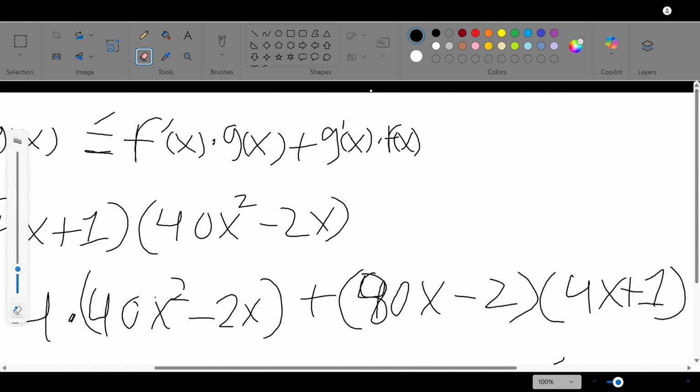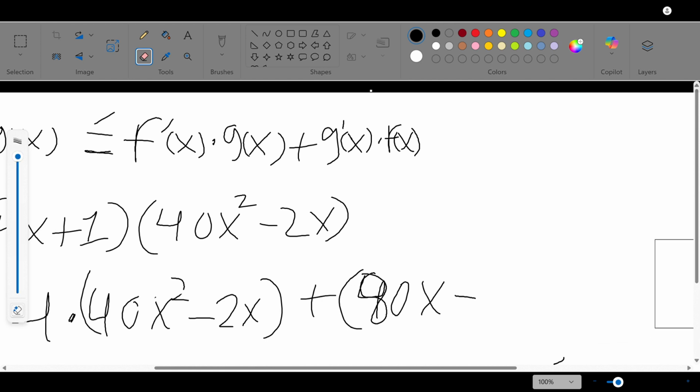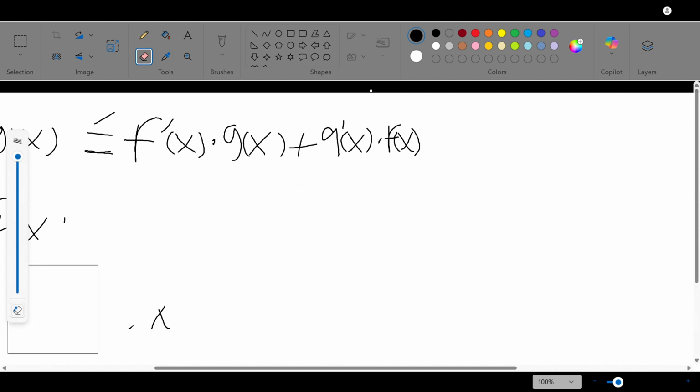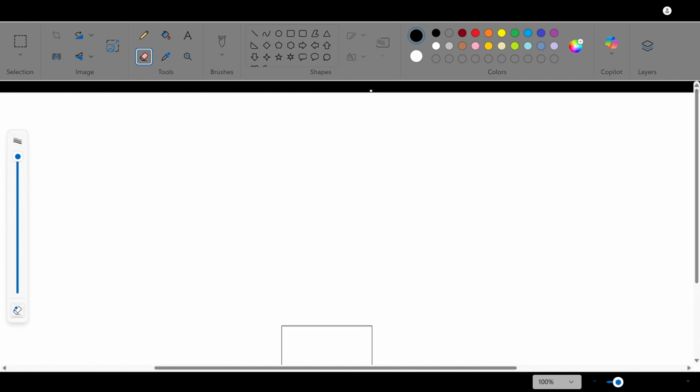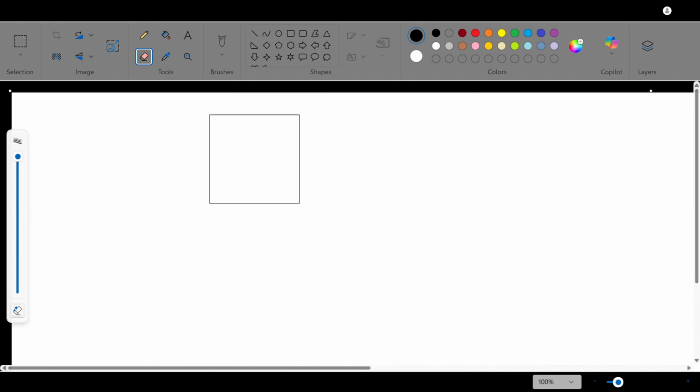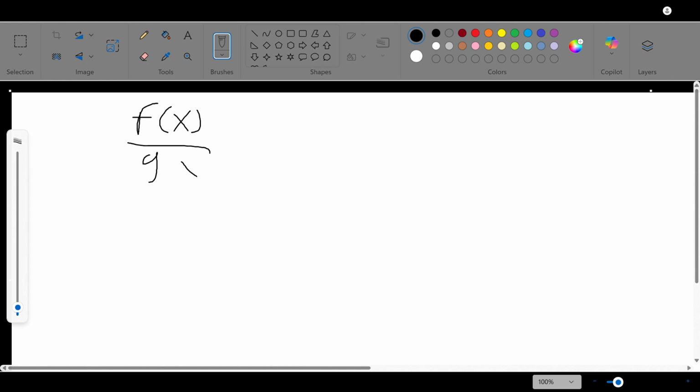Now, we will continue with our programmed lesson, which will be quotient rule. Quotient rule is way more complicated. It is when one function is dividing by another function.